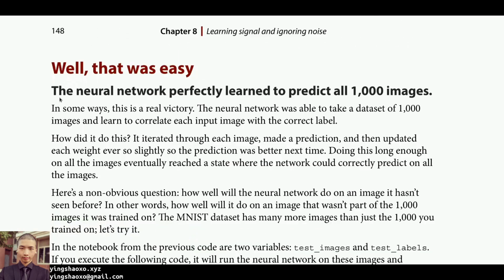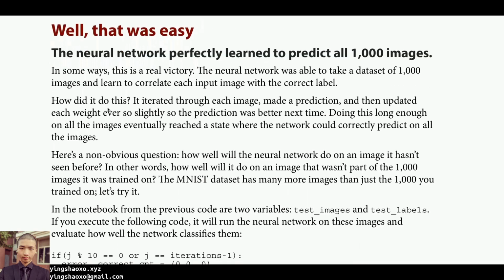Well, that was easy. The neural network perfectly learned to predict all 1000 images. In some ways, this is a real victory. The neural network was able to take a dataset of 1000 images and learn to correlate each input image with the correct label. How did it do this?